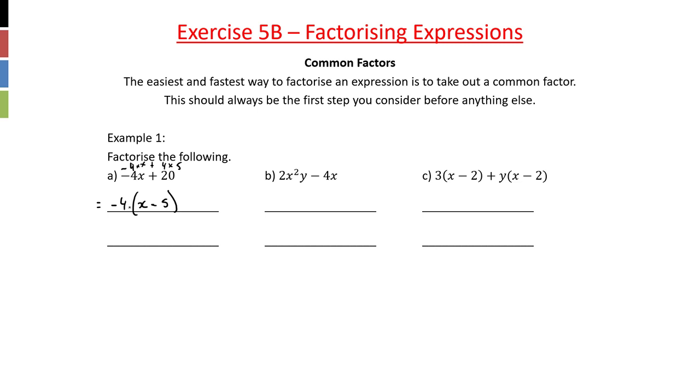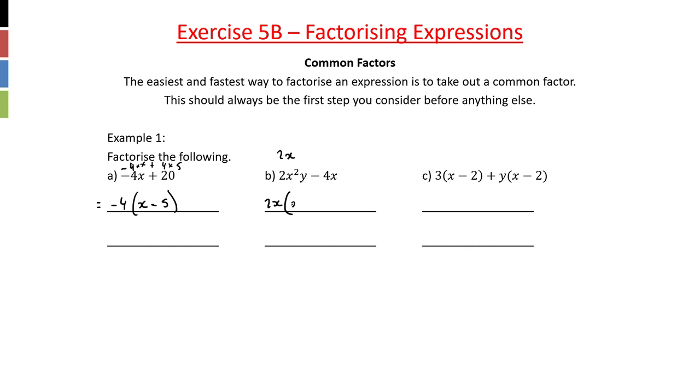Now, we don't want to just look for numerical factors. We need to look for pronumeral factors as well. In this case, we've got a 2 and a 4, which means we can take a 2 out of both of those. We have an x squared y, and we have an x, which means we can take an x out as well. So let's take 2x out, and think: for the first term, what do I need to multiply 2x by to get 2x squared plus 2x squared y?